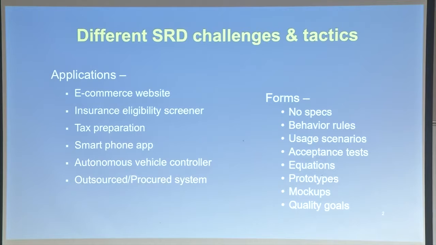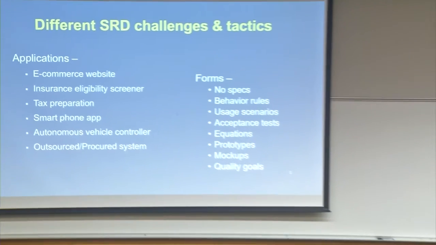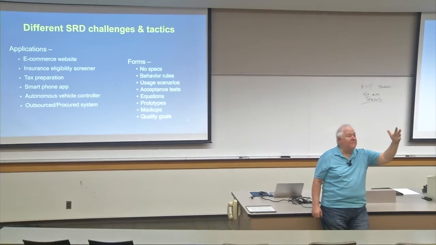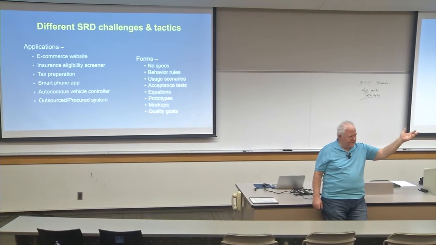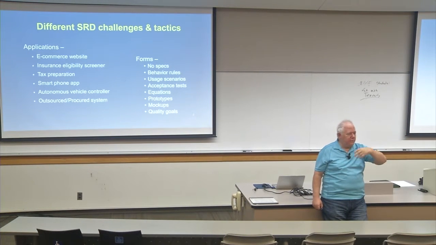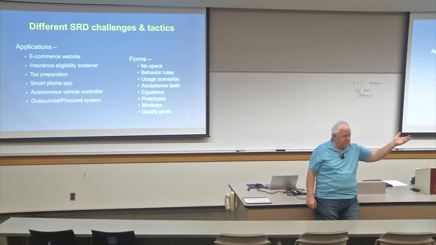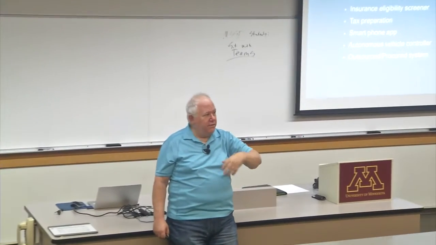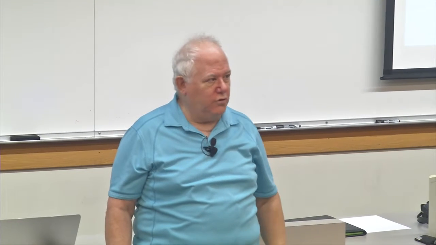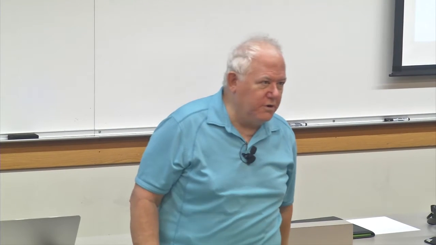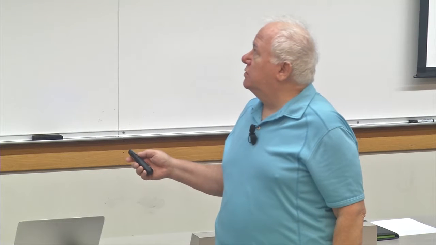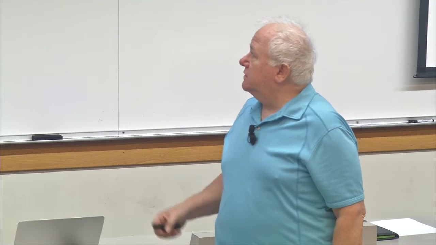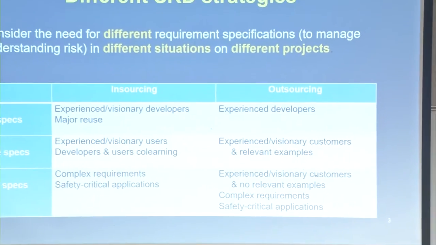Now maybe some of you are going to use EARS, which is a nice little kind of template for certain kinds of requirements. Other requirements require equations. There are a variety of different forms that are appropriate for the subject of the requirement. So in different situations, you're going to do different things.